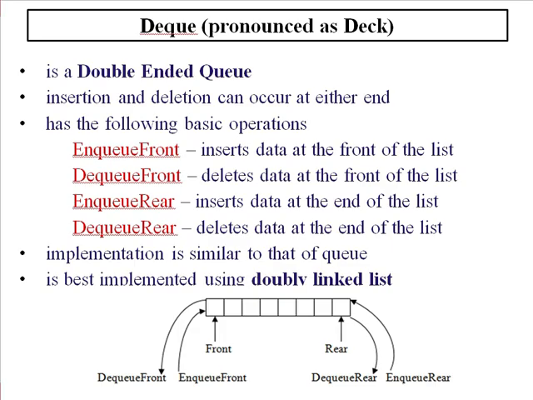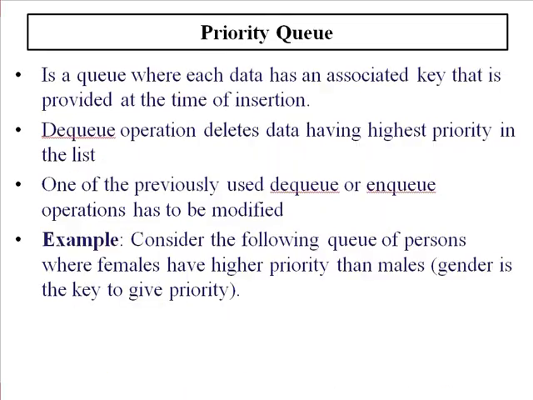When you are using a doubly linked list for the implementation of this deque, you should independently implement those four operations. Enqueue front will add an element from the front, adding a node at the start, and dequeue front is removing an element from the start. Enqueue rear is adding an element at the end, and dequeue rear is removing an element from the end. So just simple operations you can implement.